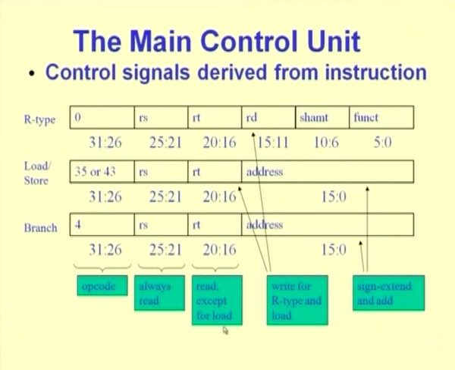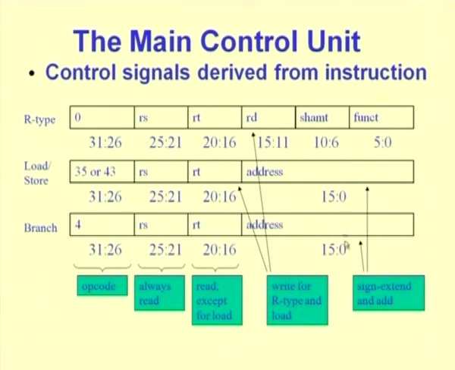Now the next 5 bits, which specify the next register address, is a read address except for a load operation. Because when you load, the value which is retrieved from memory has to be stored. So except for load operation, this always gives you a value which needs to be read. And the RD for all register type operations is the value which needs to be written, and again for a load operation this RT will be the register that needs to be written. We just saw that.